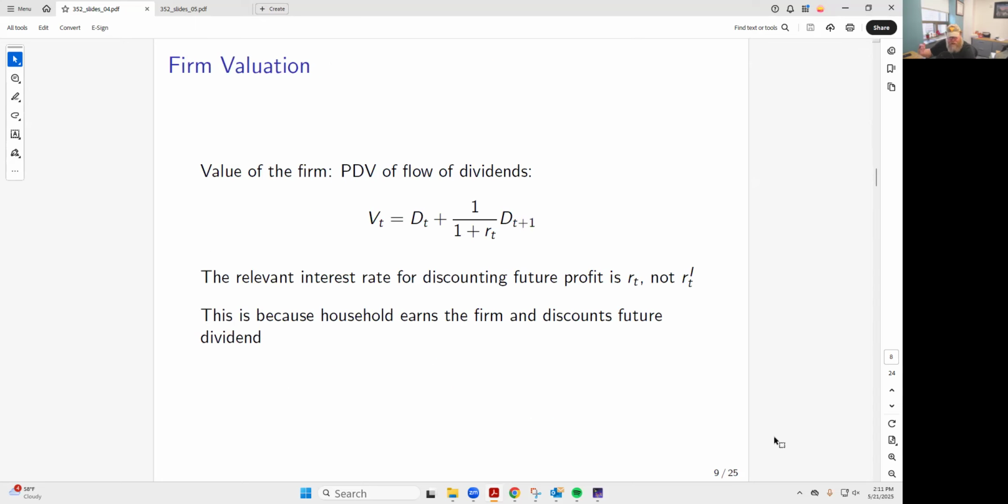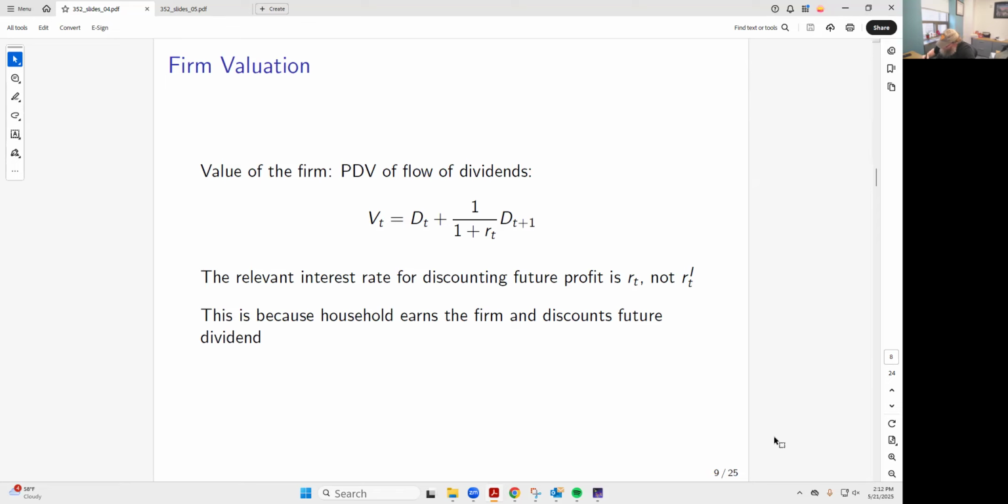Then the firm valuation, as I was mentioning before, is just going to be equal to the present discounted flow of dividends, right? So when we talk about the valuation of a firm, the economic idea is that you're going to experience a dividend in time period T. You're going to experience a dividend in the second time period, T plus 1. The value of the firm in time period T is the present value of those flows of dividend.